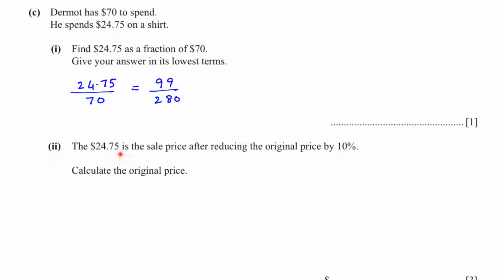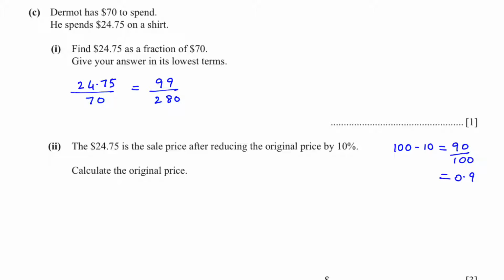Next, the 24.75 is the sale price after reducing the original price by 10%. Because it is reducing, we will subtract 10 from 100. If it was increasing, add 10. And the answer is 90. Whatever answer you get, divide by 100.